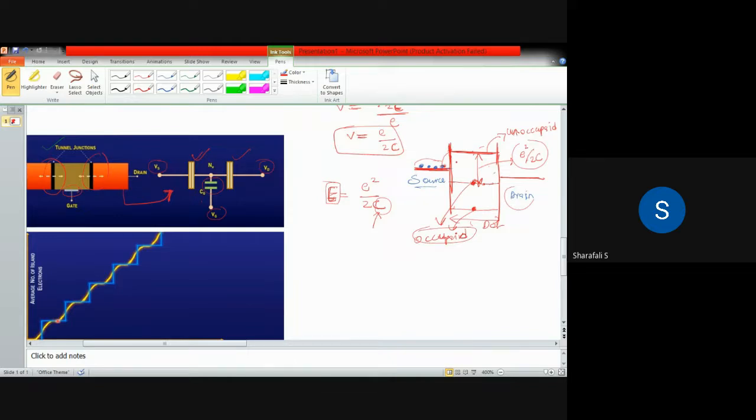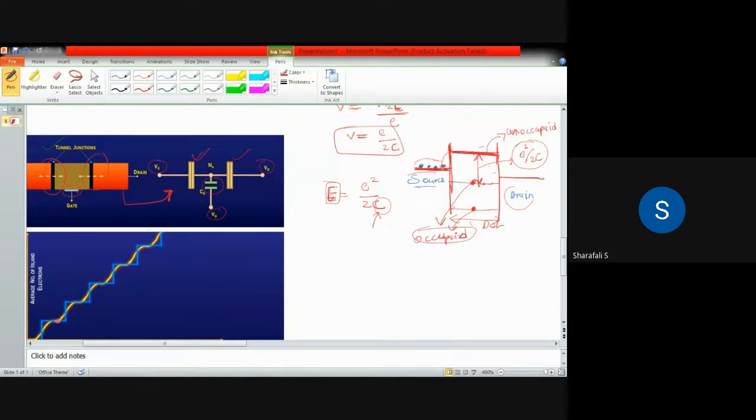The energy separation from an occupied to an unoccupied state in the quantum dot is given by E square by 2c. It depends on the energy level of the source. If the energy level of the source is at this level, then it needs E square by 2c energy to reach this unoccupied energy level.